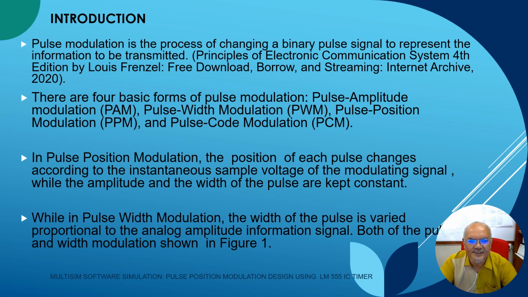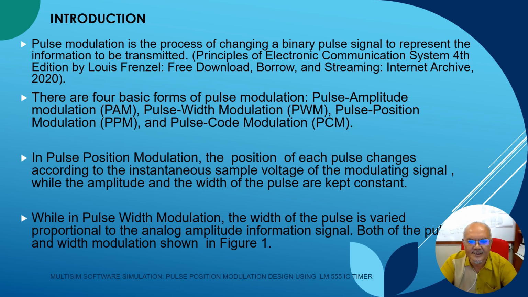Introduction. Pulse position modulation is the process of changing a binary pulse signal to represent the information to be transmitted. Refer to the book by Louis Frenzel, Principles of Electronic Communication Systems, 4th edition.